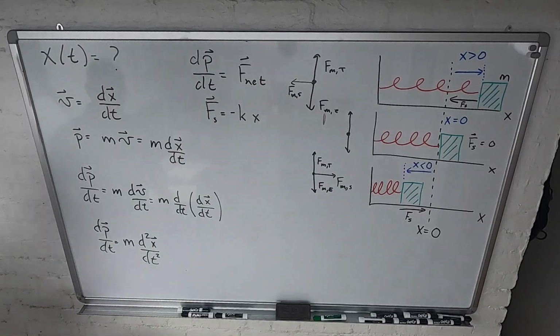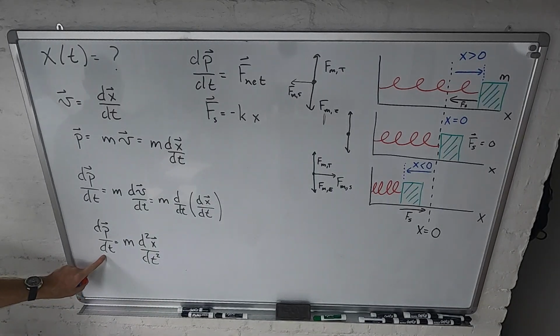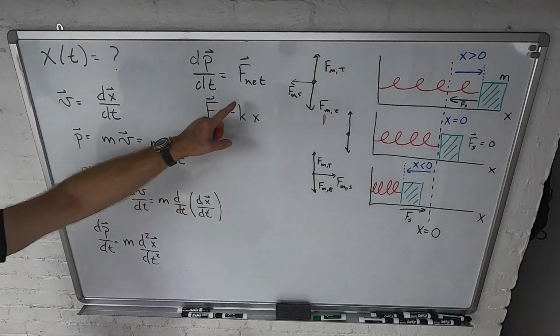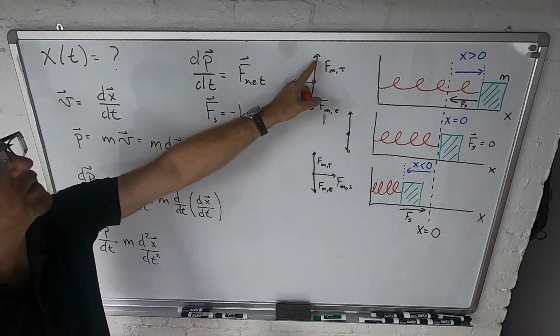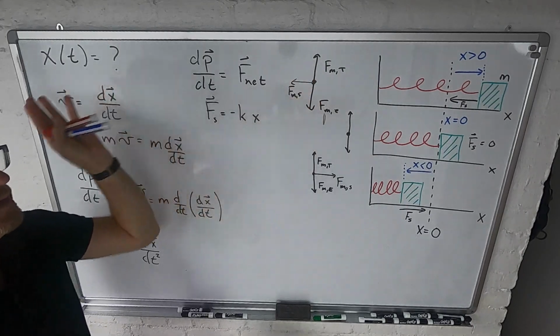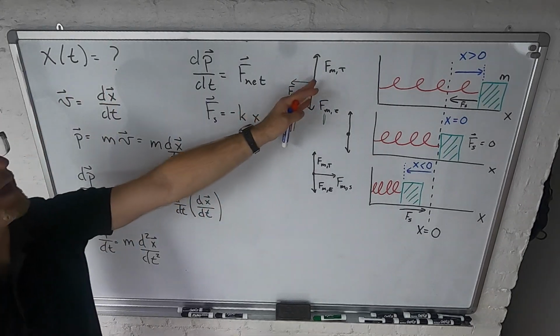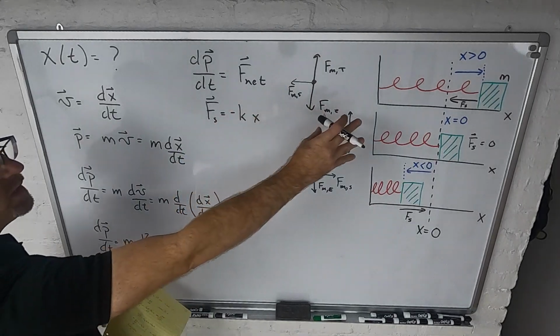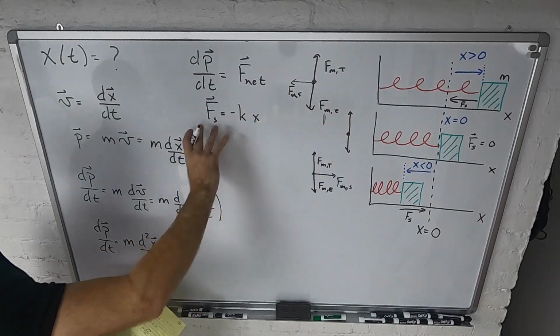Okay, so now we have dp/dt. We know what it is. It's this. We know the net force. These two forces are balanced, so they cancel each other. So the net force acting on my spring in any position is given by the spring force, shockingly.